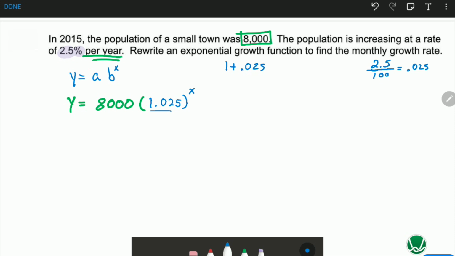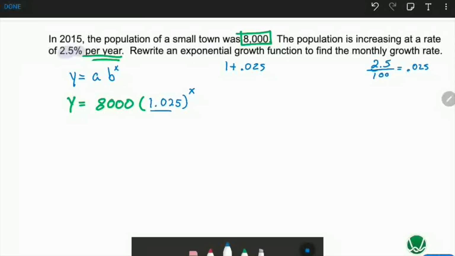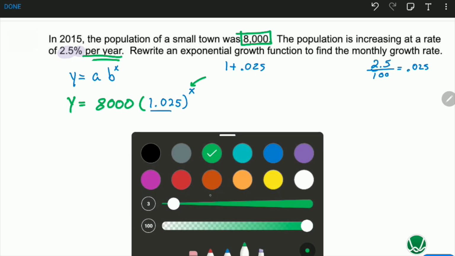Now we're going to be looking at the monthly growth rate next. Now to find that monthly growth rate, what we need to do is we need to make sure that x, or our variable representing our time, is multiplied by 12, but we can't just change it just because we need to.